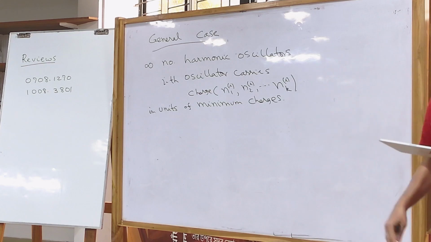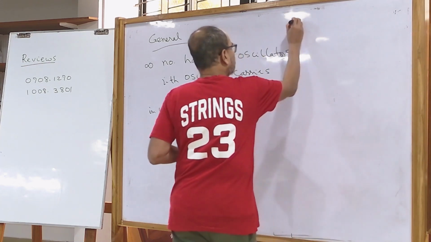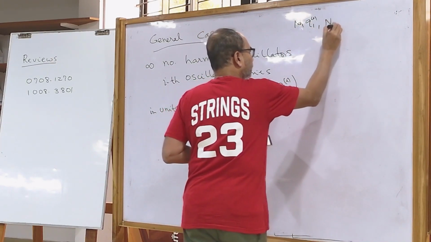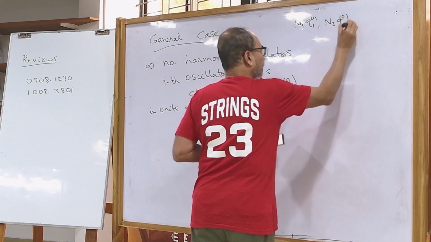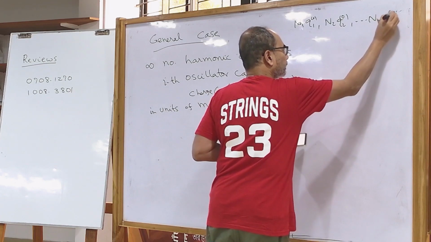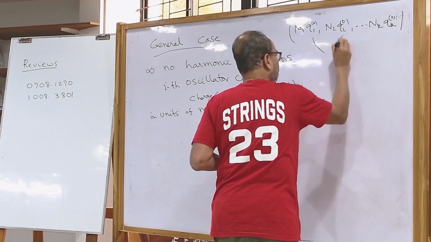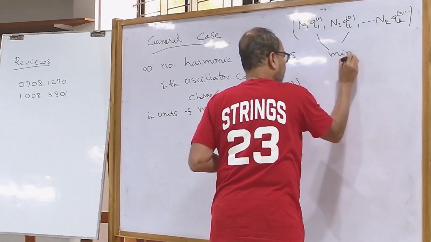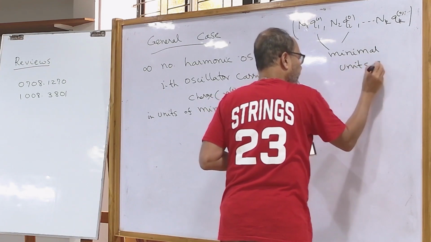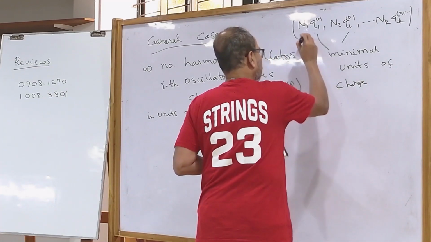We are trying to count the total number of extremal black hole states of charge n1 q1 naught, n2 q2 naught, up to nk qk naught. Here the naught corresponds to the minimal unit of charge, and these are some large integers.